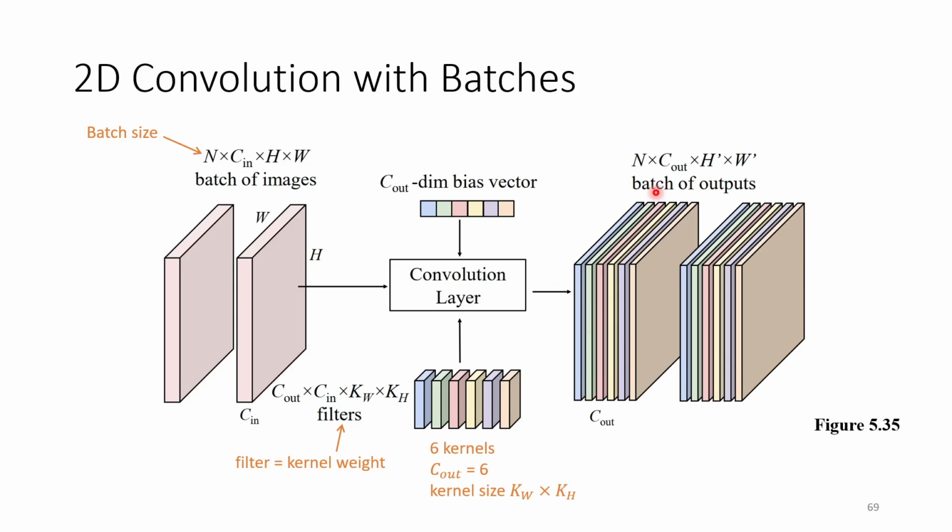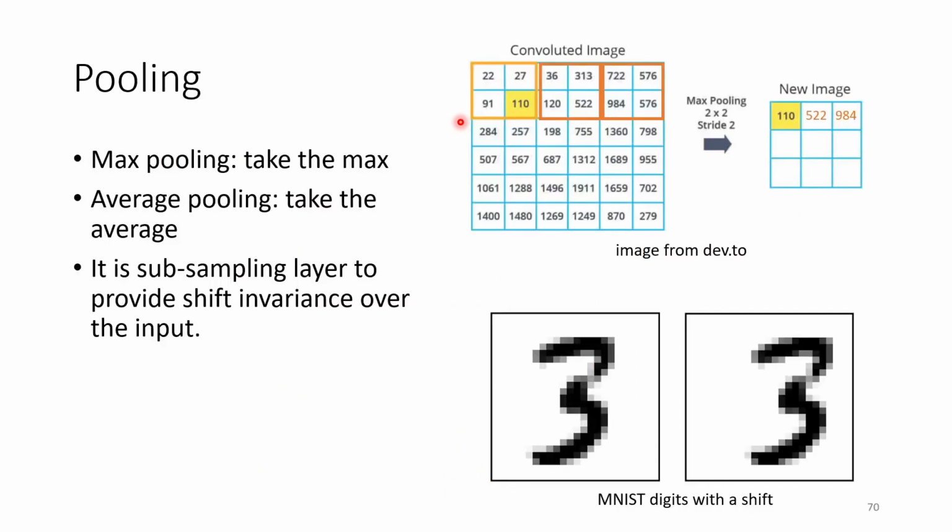So this block is generated by the first instance in the batch, and this block is generated by the last instance in the batch. So this is how we calculate the new convolution layers from a batch.